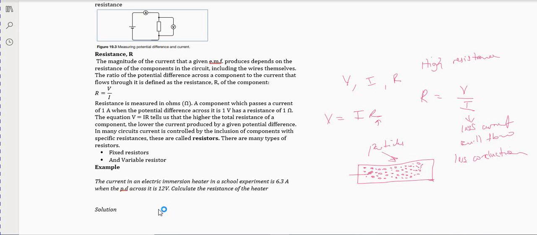Now, the more particles we have in the way, the more they will impact the flow of the charge through the circuit.